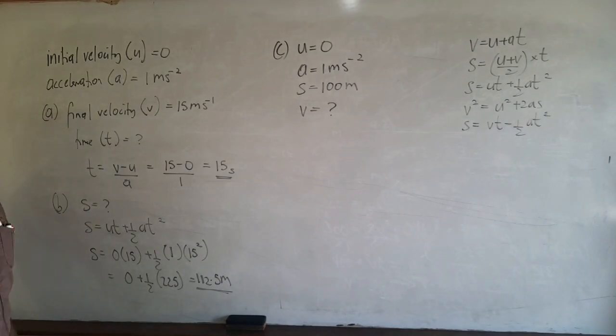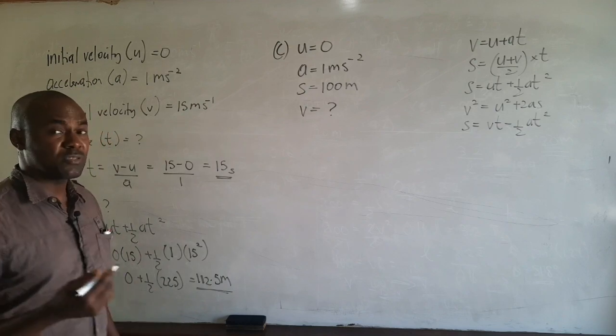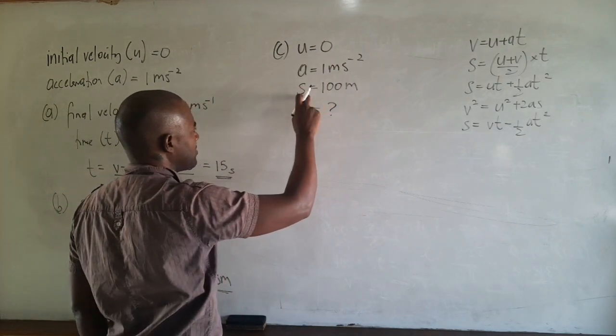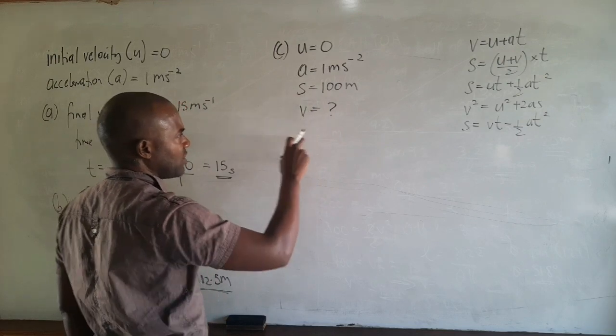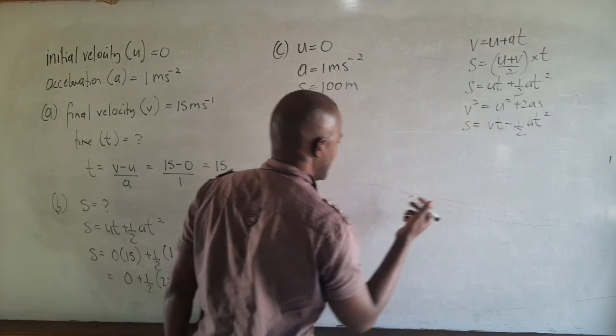So again, let's look at what we have, what we want to find, and see if there's an equation that we can use to find it. So we have u, we have a, we have s, and we want to find v. So that means you can use this equation, v squared equals u squared plus 2as.